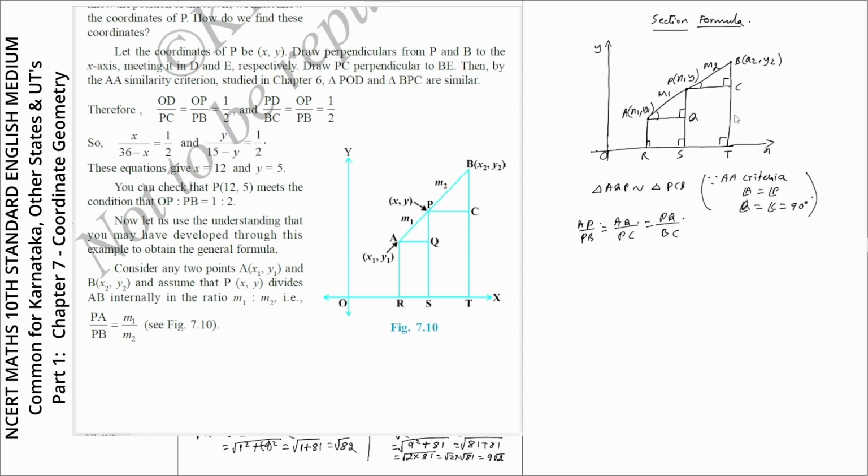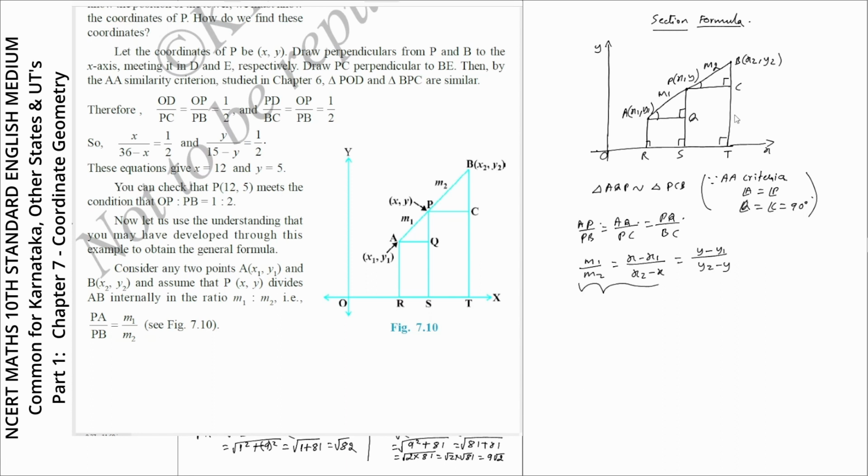AP by PB is m1 by m2, because P divides AB in the ratio m1 is to m2. And what is the length of AQ? AQ is nothing but x minus x1. And what is the length of PC? Length of PC is x2 minus x1. Sorry, x2 minus x. And what is the length of PQ? Length of PQ is y minus y1. You can check in the diagram. And what is the length of BC? Length of BC is y2 minus y.